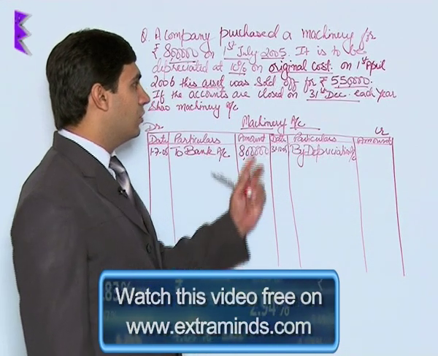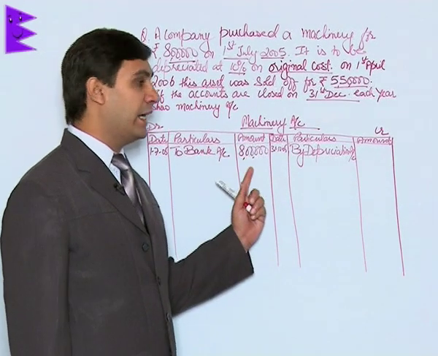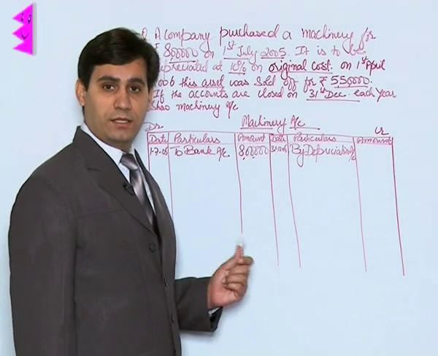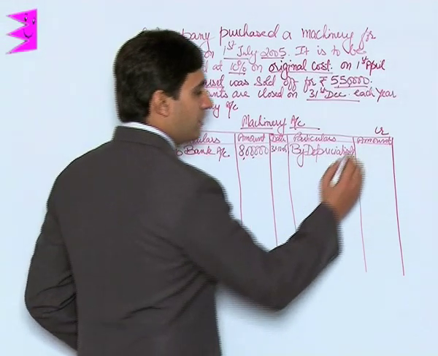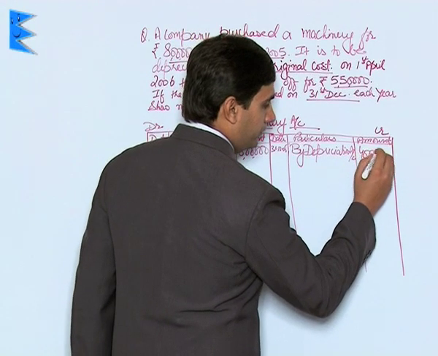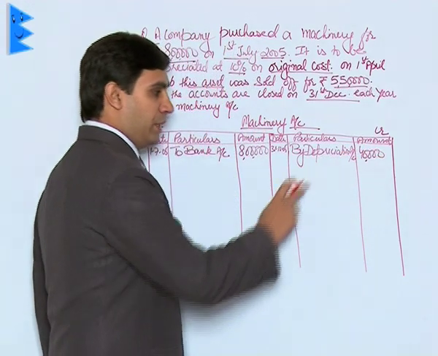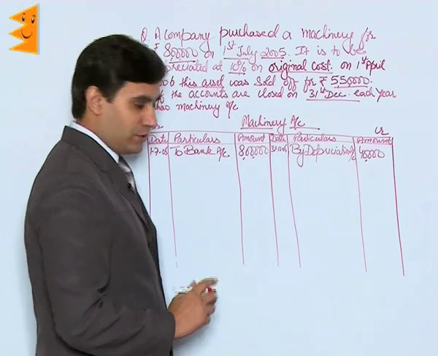So depreciation of 10% would be charged on 8 lakh for 6 months, which turns out to be rupees 40,000. So depreciation for this year is rupees 40,000.